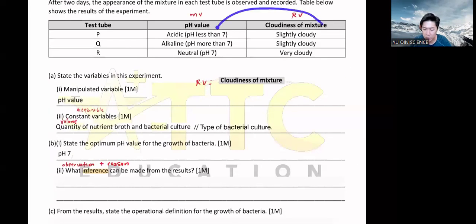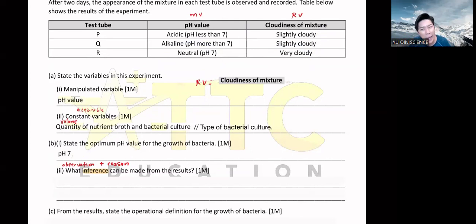Your observation is already in the table: less than 7, very slightly cloudy; more than 7, slightly cloudy; but neutral is very cloudy. We usually choose the one that is more obvious than the rest. So I think the most obvious observation is pH 7 is very cloudy. So that's your observation.